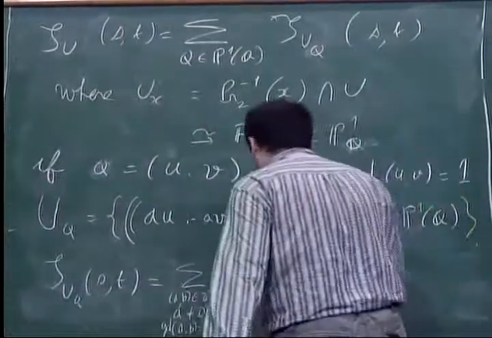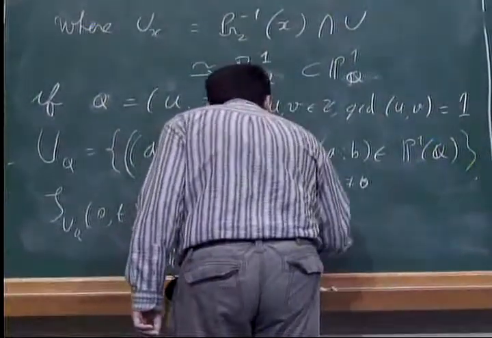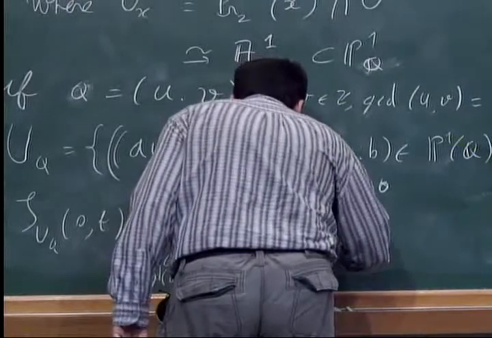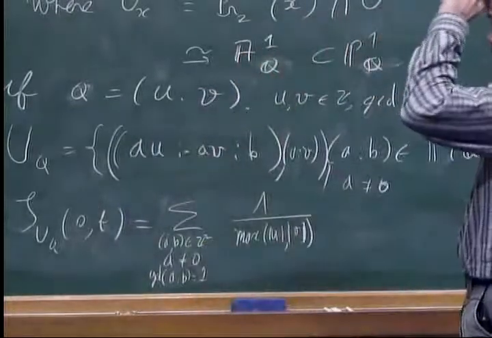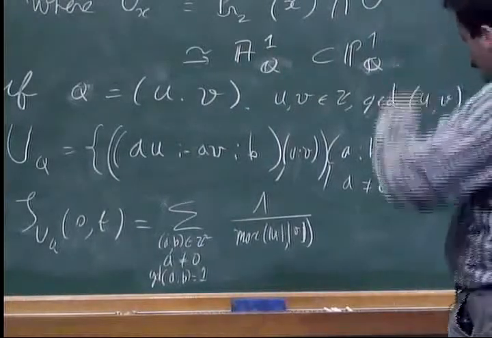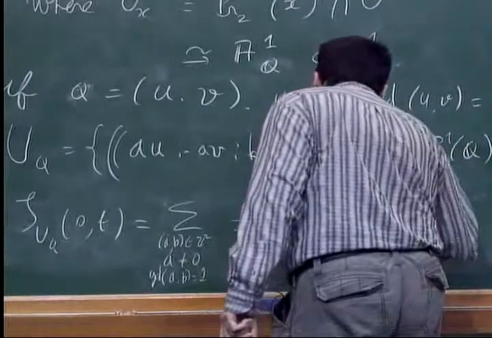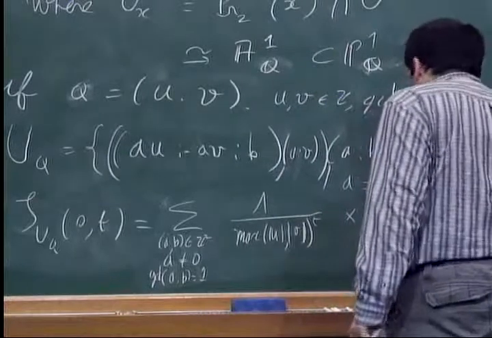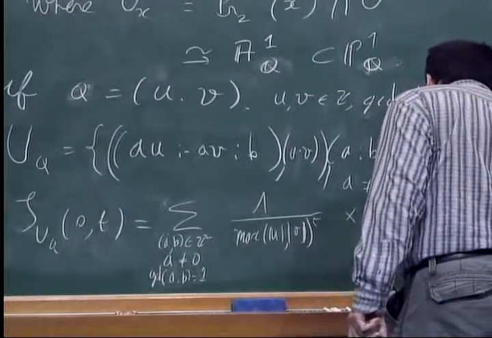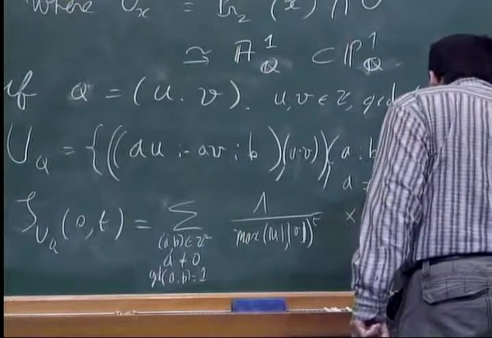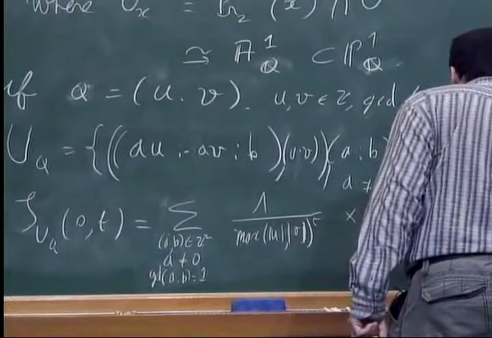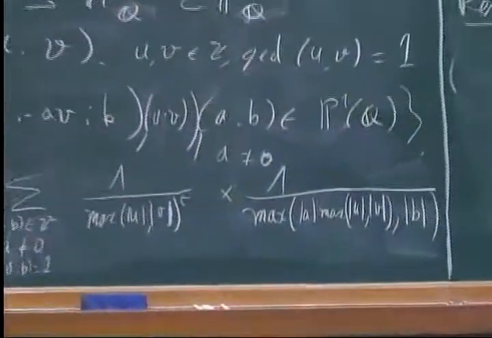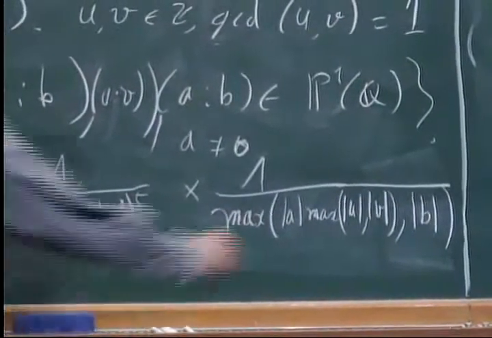Of what? Well, I have 1 over the maximum of U and V at the power, so this is the second point, T times 1 over the maximum of absolute value of A times the maximum of absolute value of U, absolute value of V, absolute value of B, at the power S.